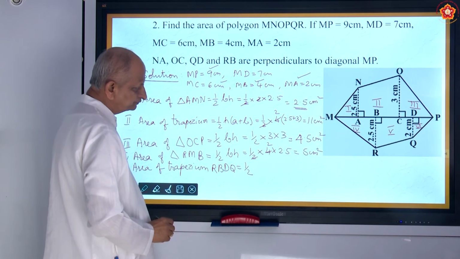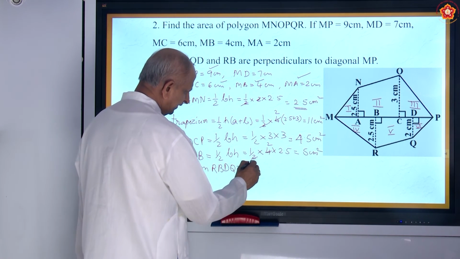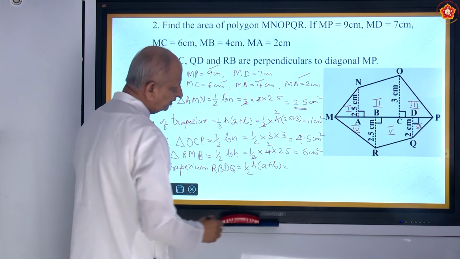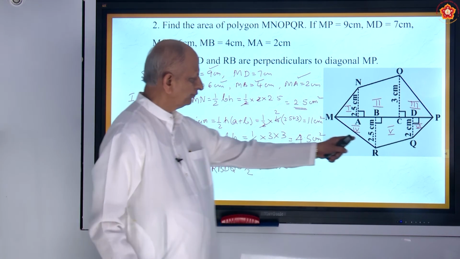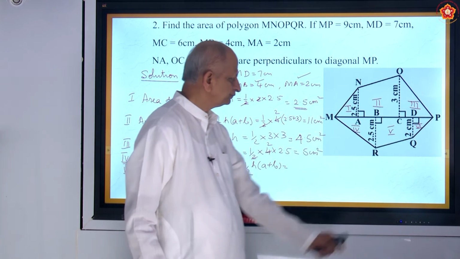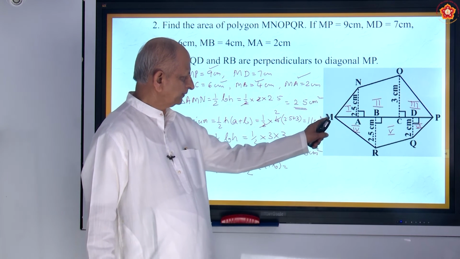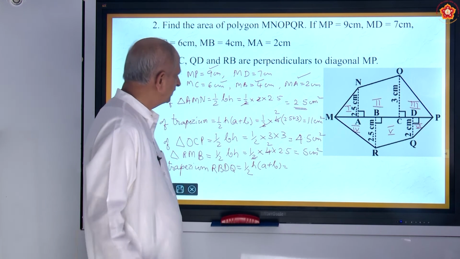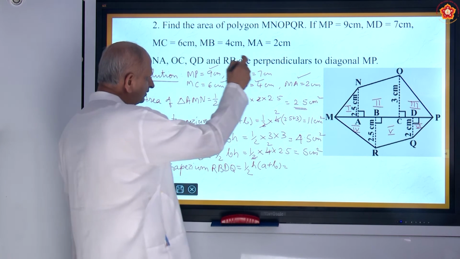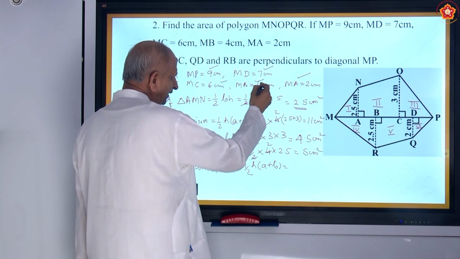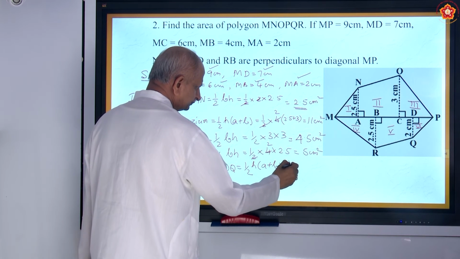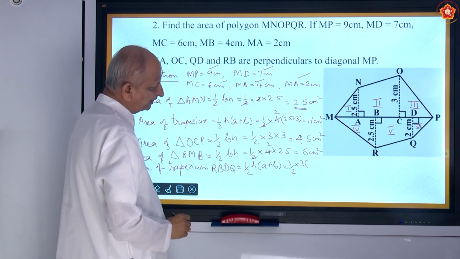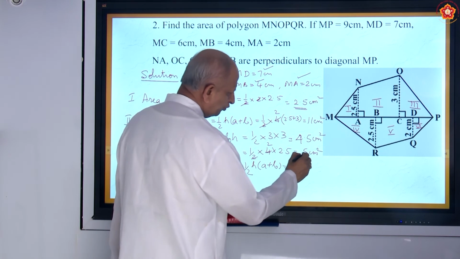Half of H into A plus B, correct? Here A is given to be 2.5, B is given to be 2. What is H? H means height. MD minus MB. MD is 7 and MB is 4. 7 minus 4, that is 3, into A plus B, 2.5 and 2.